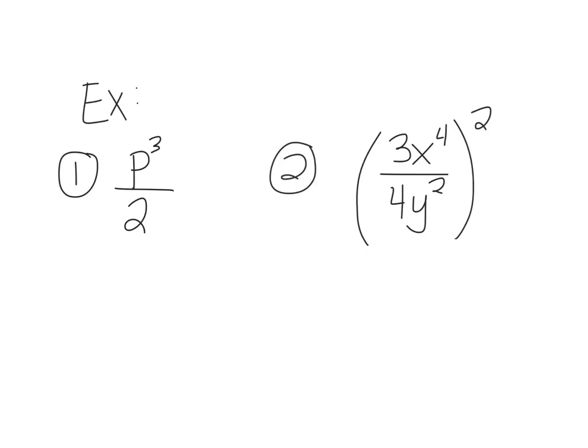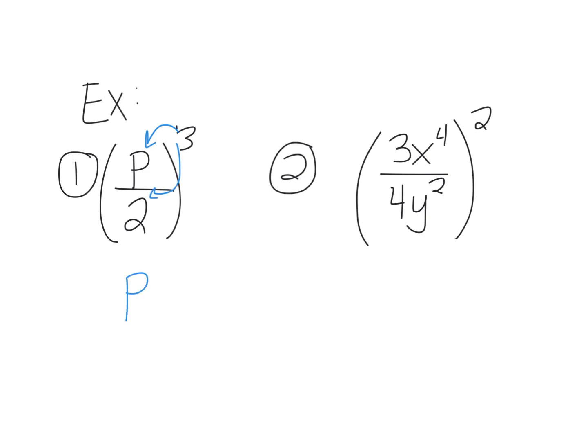We good to move on? Okay. So let's try a couple examples. What do you see on number 1? I wrote that completely wrong. Give me 1 second. All right. Now what do you see on number 1? We have a quotient to a power, right? Take it to both. So I'm going to take that exponent to the numerator, and I'm going to take it to the denominator.